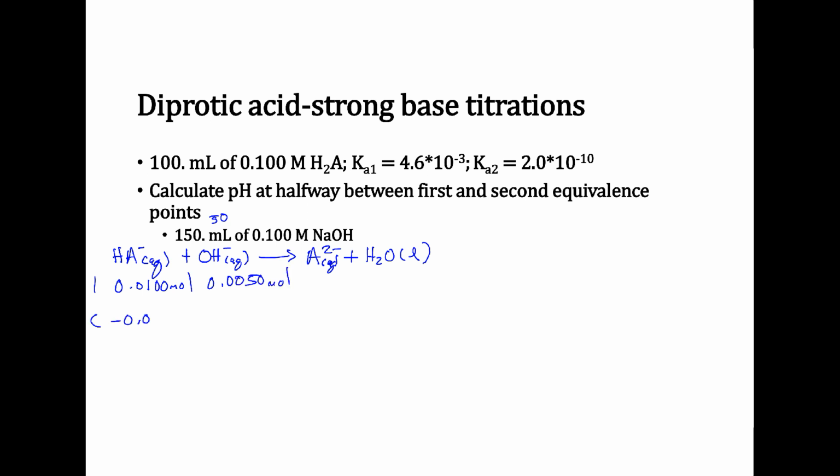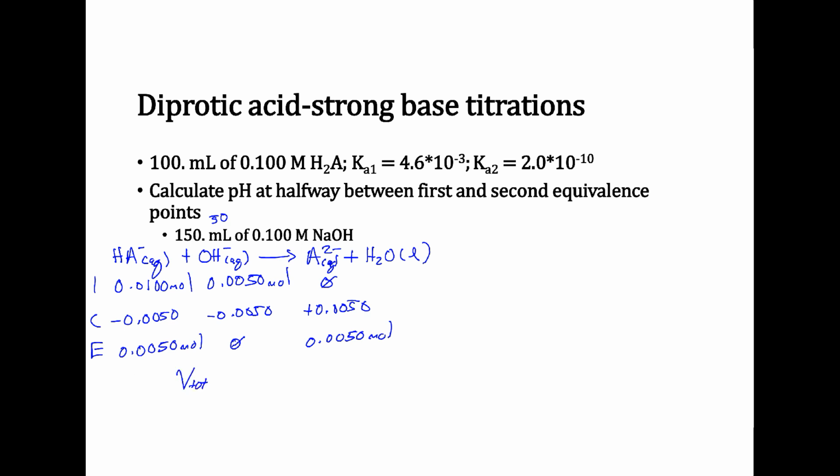So the change is minus 0.0050. We had no A2 minus initially present. So at equilibrium, we have 0.0050 moles of HA minus, no hydroxide remaining, and 0.0050 moles of A2 minus.